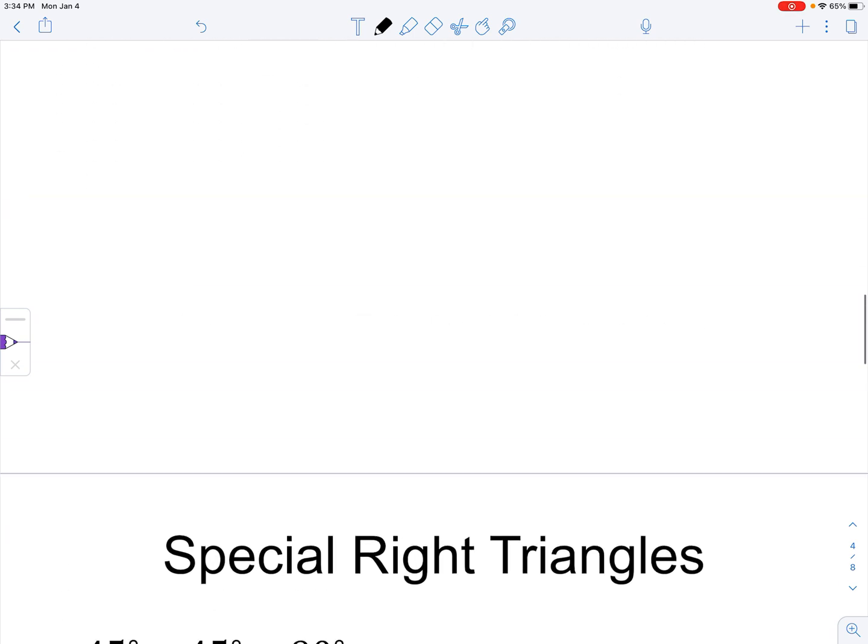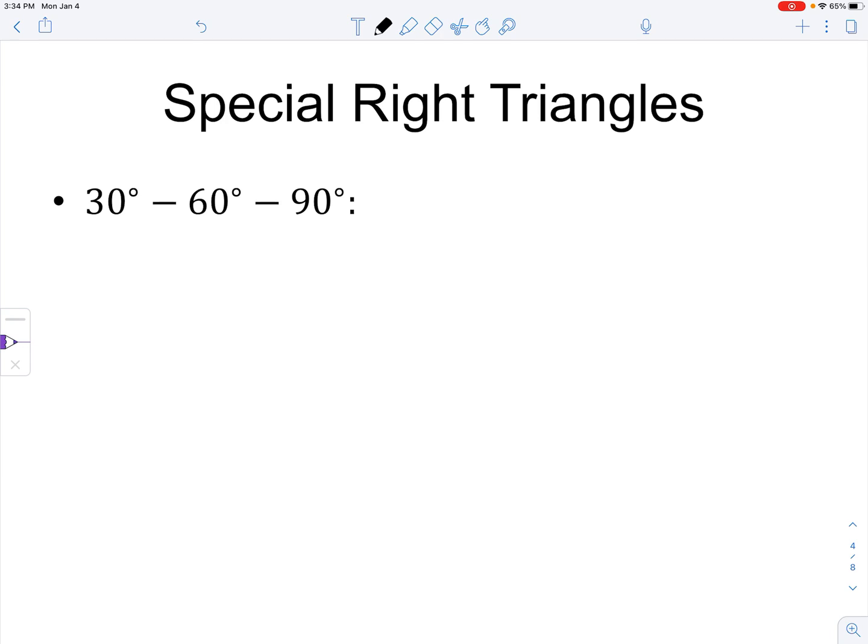So there are two special right triangles that are going to be helpful to us. We're going to derive the relationship between their side lengths, or basically come up with how you can determine what the side lengths are for any triangle that has the angles 30, 60, 90, right?